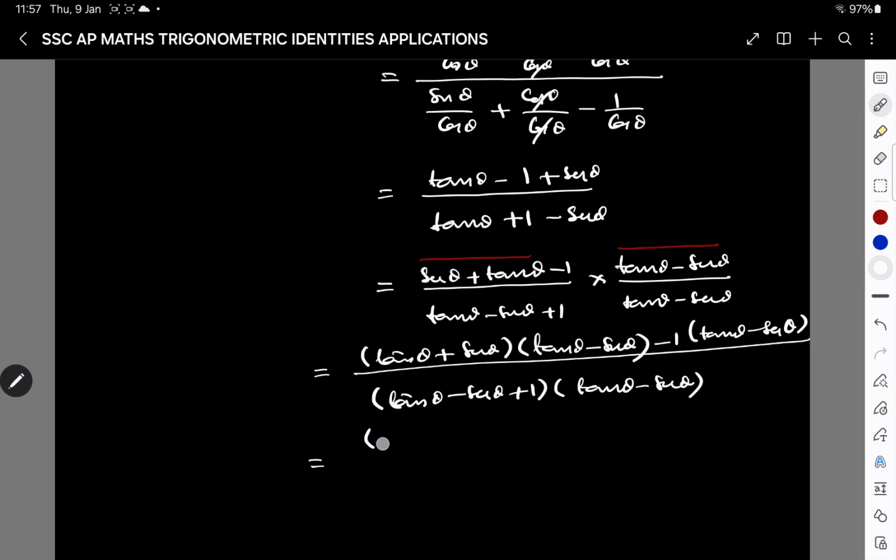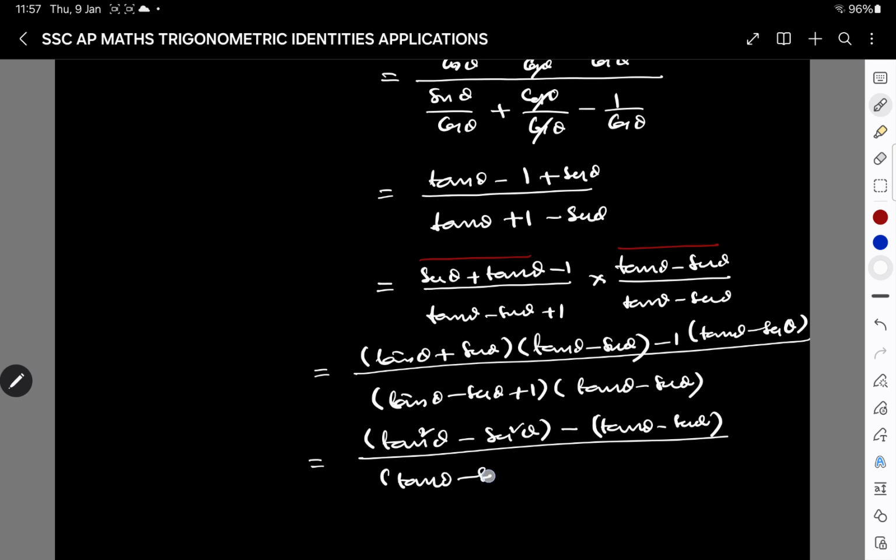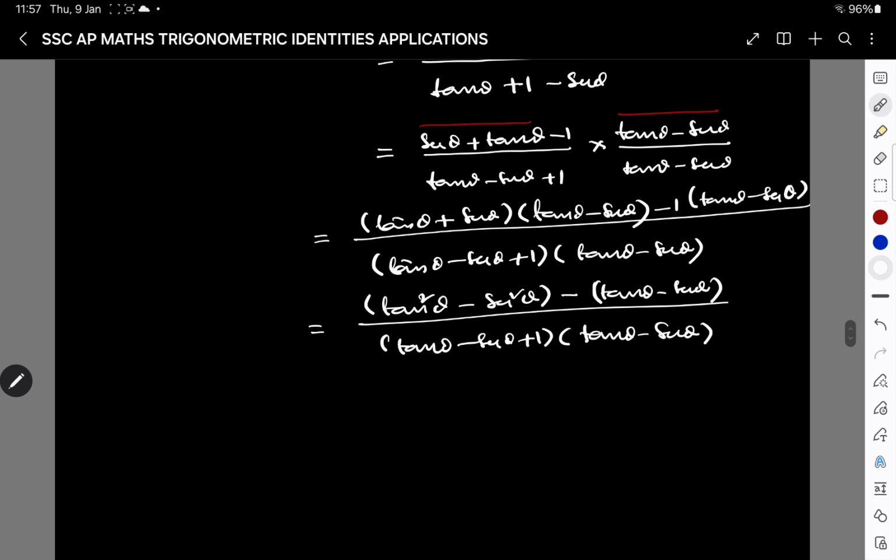This is equal to tan square theta minus secant square theta, minus tan theta minus secant theta, divided by the same thing you write again, tan theta minus secant theta plus 1 into tan theta minus secant theta. Don't change the denominator.